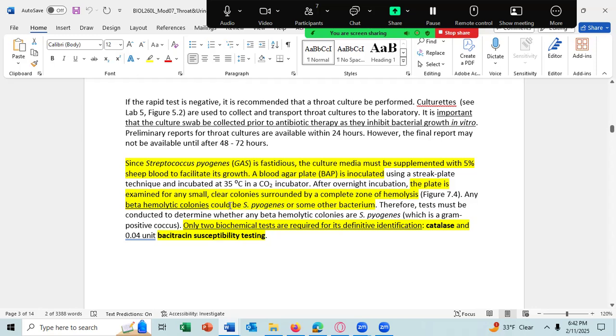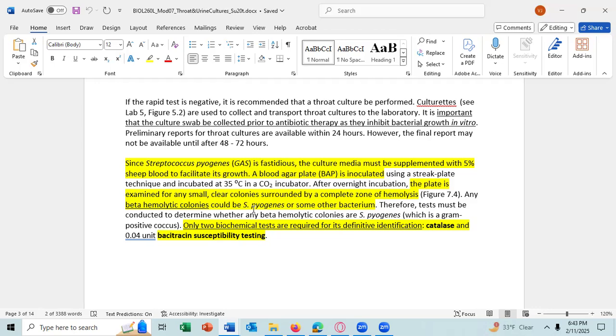which, if it's beta hemolysis, it could be Streptococcus pyogenes, but there are other members of the Streptococcus family which could be giving the group A strep. And then, of course, there's Staphylococcus aureus, which is also capable of giving beta hemolysis.